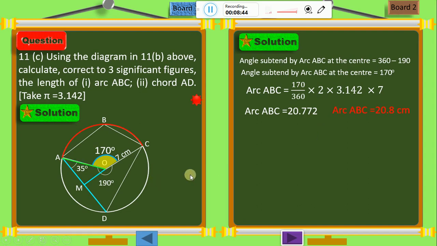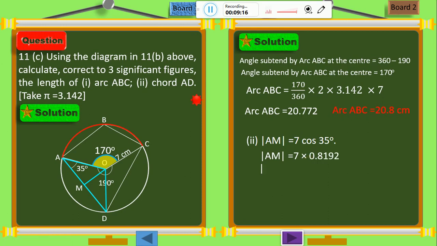Now, to calculate the chord AD, that's the chord that's highlighted there, and then look at the triangle AMO being highlighted. Then the other side of the triangle is also highlighted. Then you can see that OM is the line that moved from the center, meeting the AD at the point D. Using that, you can see AM is equal to 7 cos 35 degrees, applying trigonometry.